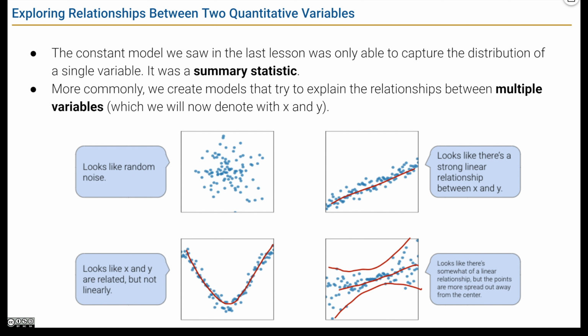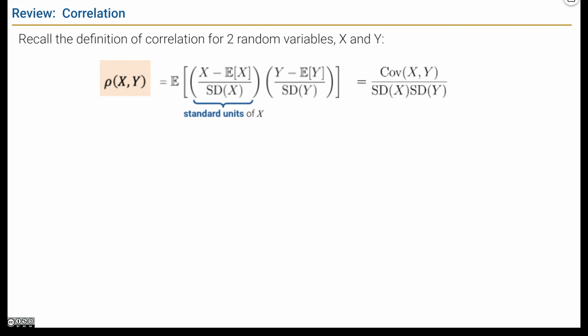So just visually looking at these, we can see we would want different models for these different scenarios. So we're going to start with the simplest case. And before we do that, we're going to think about what statistic we've already defined that helps us capture a relationship between two random variables. One of those statistics was correlation.